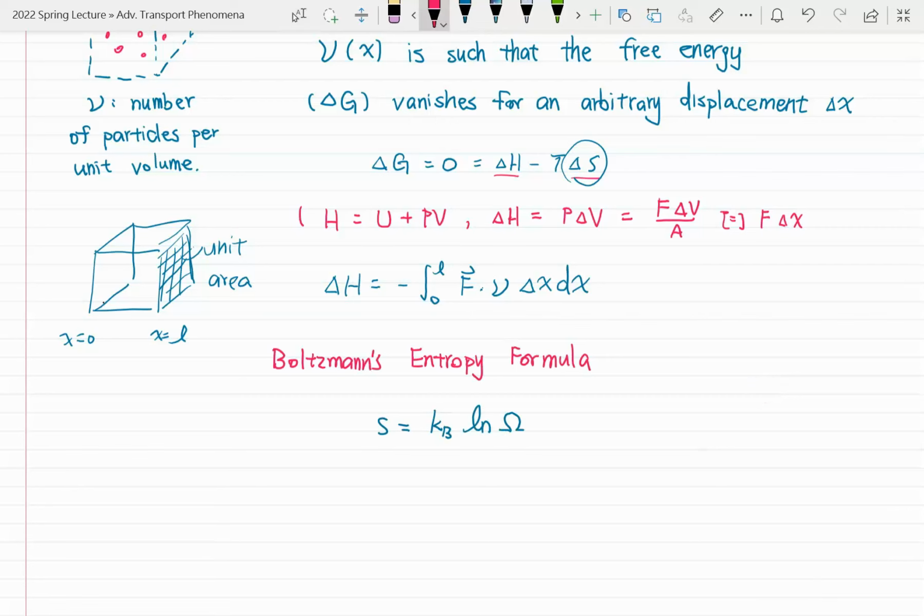What's omega? The omega here is the number of possible microstates.